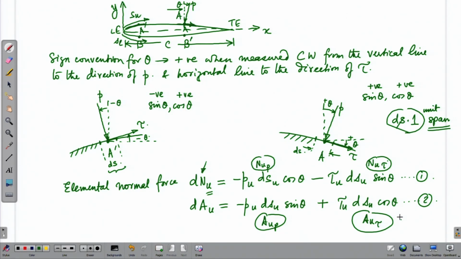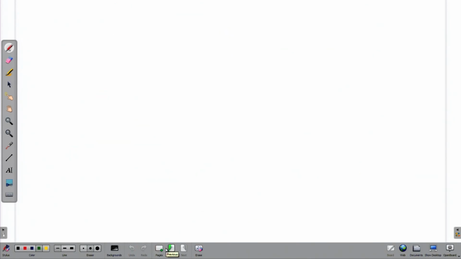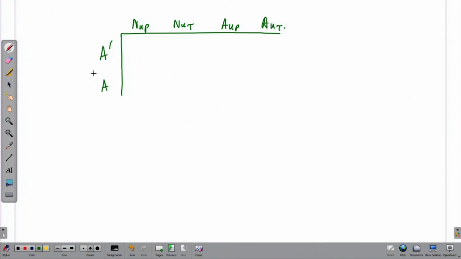Okay. So, let us see how the signs of these different terms work out. We will make a small table where we mark the forces on top and we look at the 2 points A dash and A, and we try to figure out what the signs of these terms are.